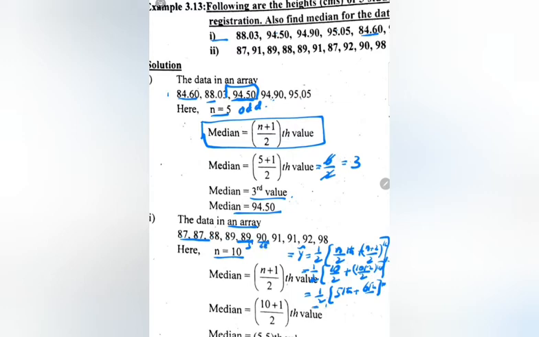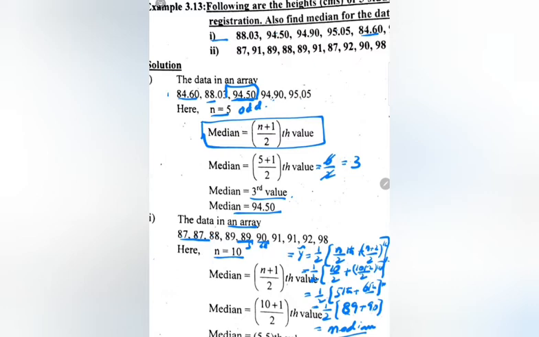We put it here in our formula: 1 over 2 times the 5th value 89 plus 90. We take the sum of both values and divide by 2, and we get the median for even numbers.